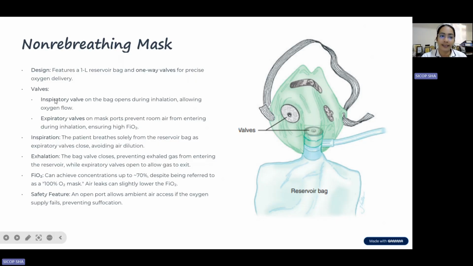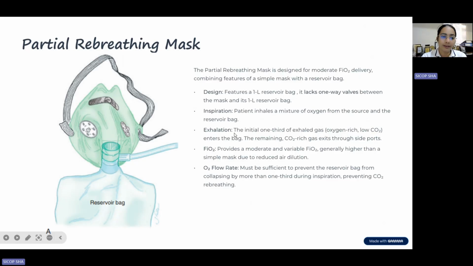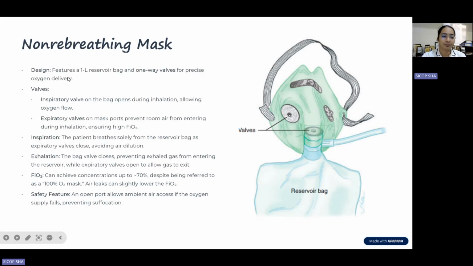There are two valves in a non-rebreathing mask, whereas in the partial rebreathing mask there is only one, the expiratory, either a port or a valve here. Then it has a 1 liter reservoir bag, and the stability of FiO2 will be a little better as compared to the partial rebreathing mask. It can achieve concentrations of up to 70% FiO2 despite being referred to as a 100% O2 mask.